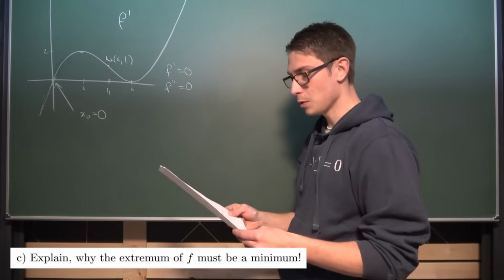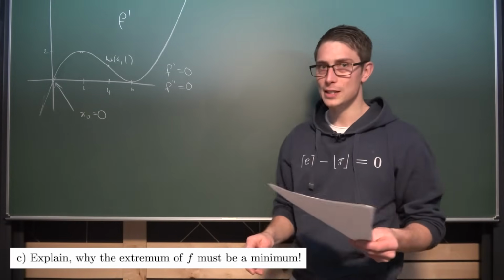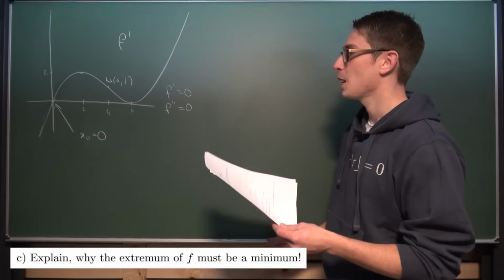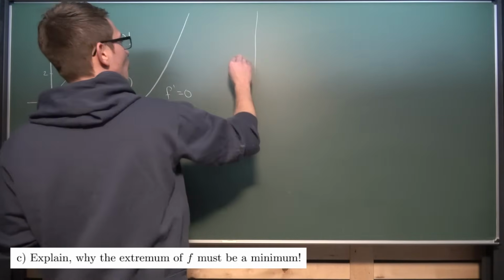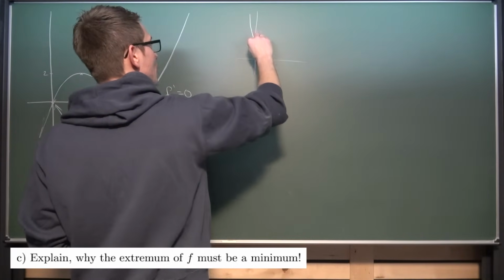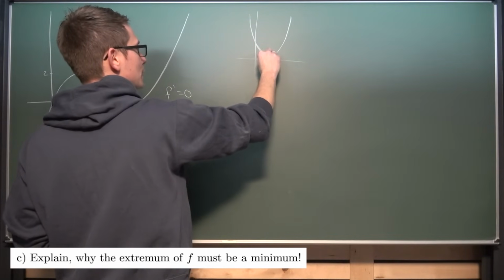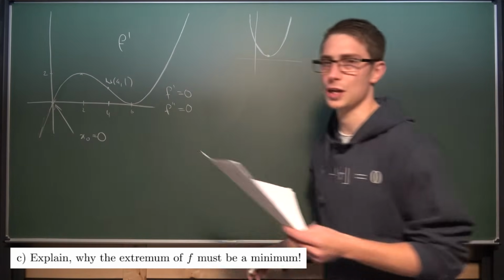Explain why the extremum of f must be a minimum. This is rather easy to explain if you think about what we have discussed before. Namely, for a minimum on a function f, we always have a decrease of our original function up until this point right here, and then we get an increase of the function f.